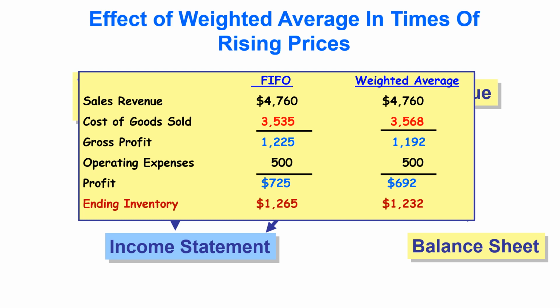And what is the impact on ending inventory? Well, FIFO reports current costs, which is the costs that are unsold, higher cost items, so $1,265, and under weighted average it will be $1,232. So lower ending inventory values will be reported on the balance sheet.